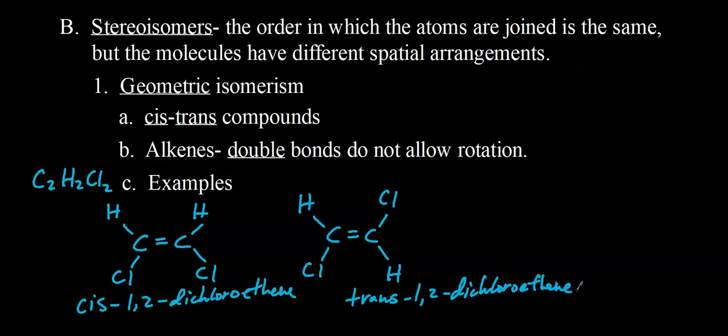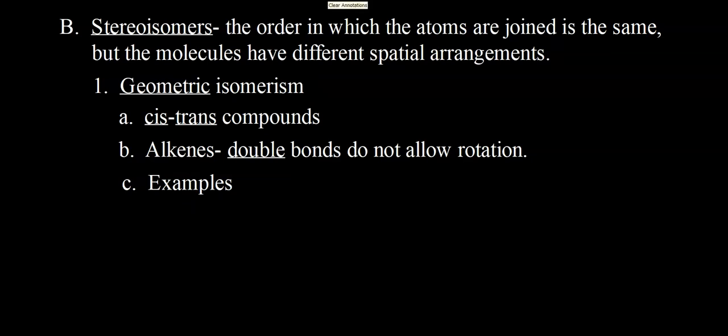So that's one example. Let me show you another example of cis-trans isomers where it's not so much a larger atom, but we're looking at groups of atoms. That example is 2-pentene.